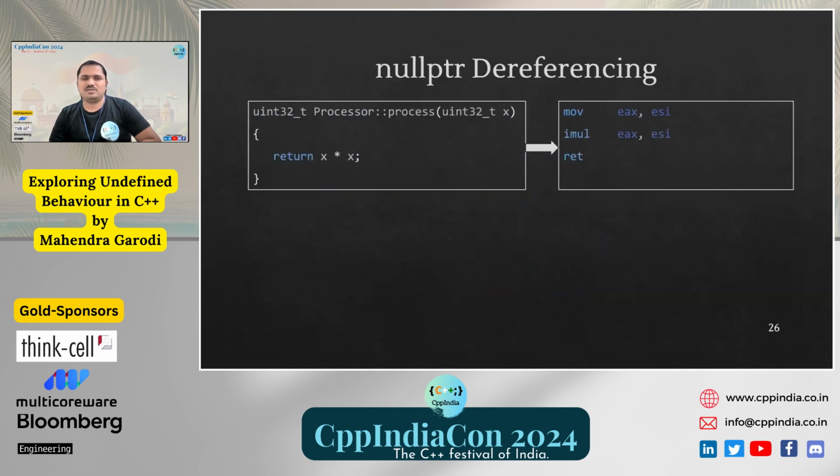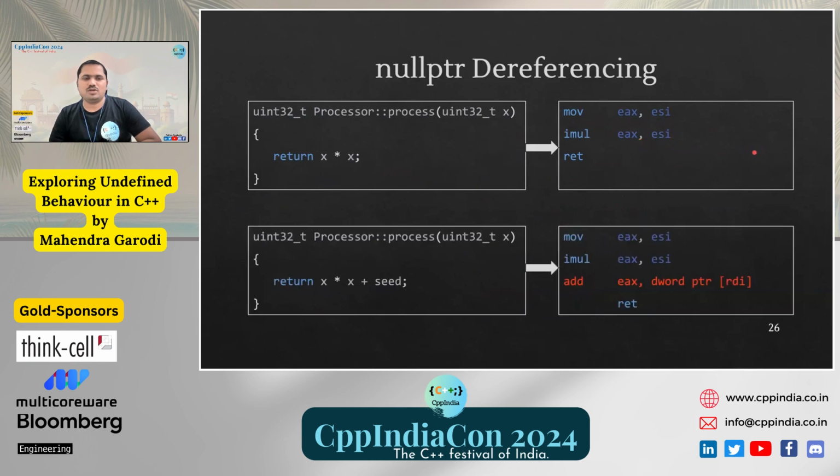What happens when you are doing x into x is that you are moving the second argument into the EAX register, which is nothing but the result register, and you are doing an imul multiplication, because you can't have 3 operands in the x86 imul instruction. So basically, it will do EAX equals EAX into ESI.